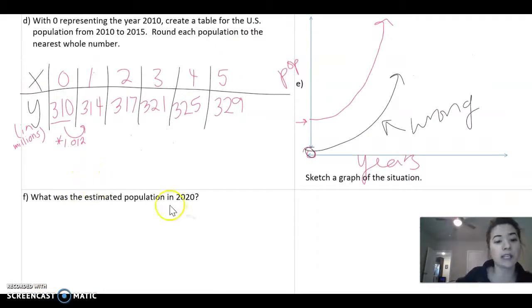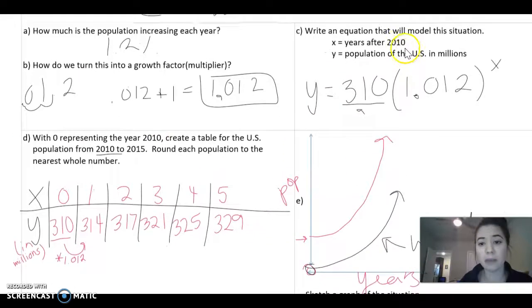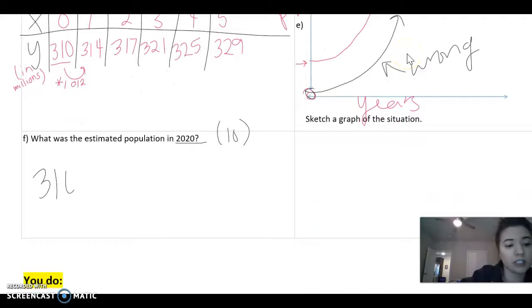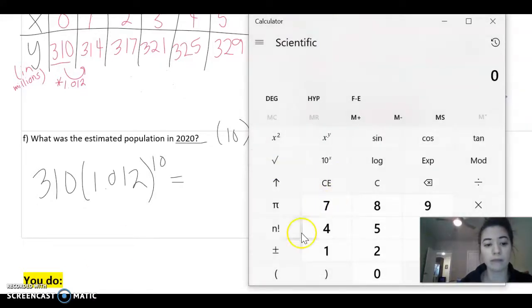And then lastly, what was the estimated amount in 2020? We started in 2010, now we're at 2020, so how many years later is that? That's 10 years later. So we're going to take that 10 and plug it into our equation. So 310 times 1.012 to the 10 years, and we'll see what we get. Remember, exponents first, so I'm going to do 1.012, the little XY button to give my caret, and I'm going to say 10 years.